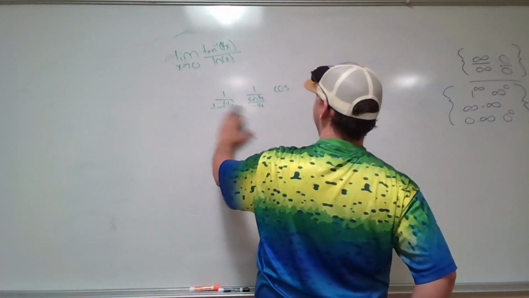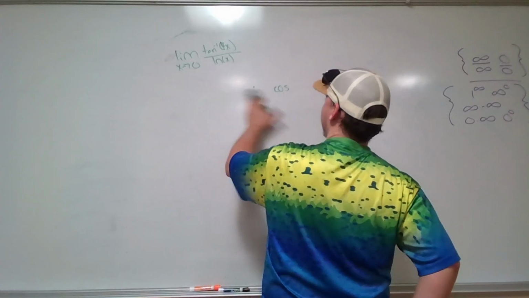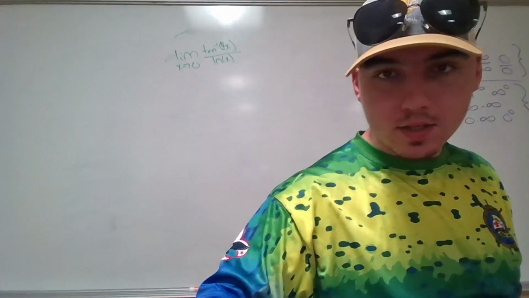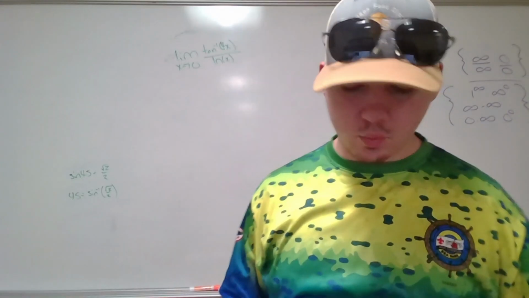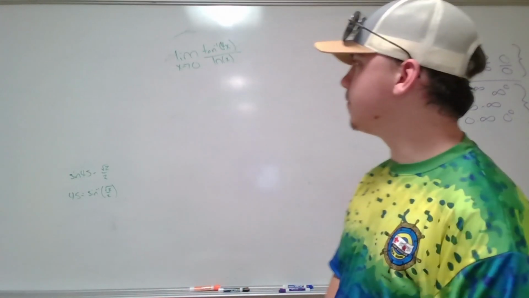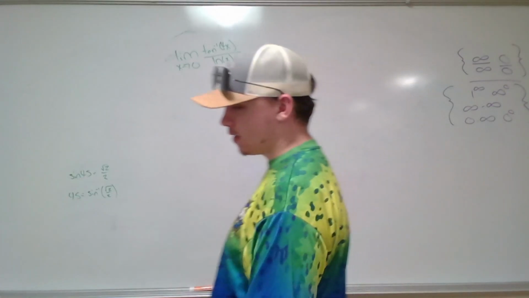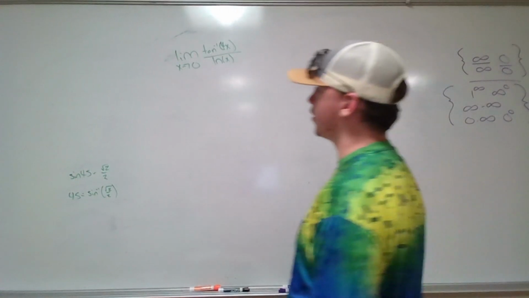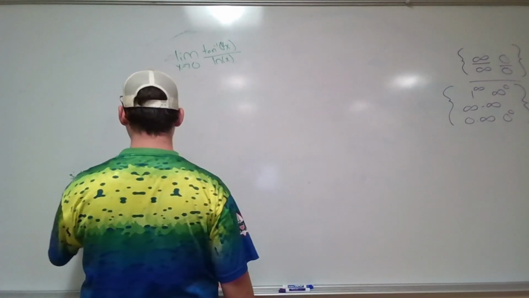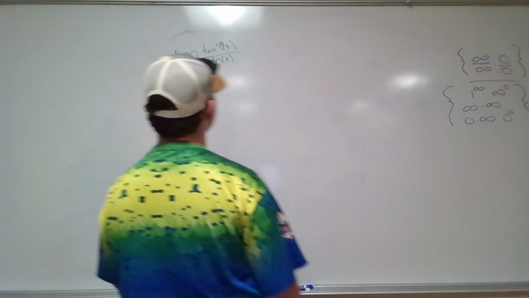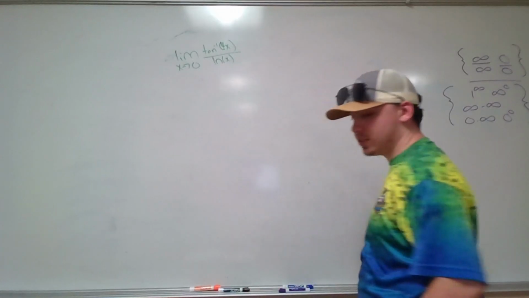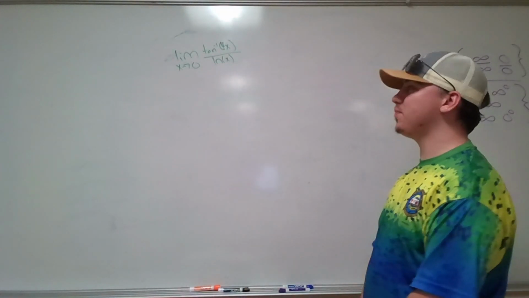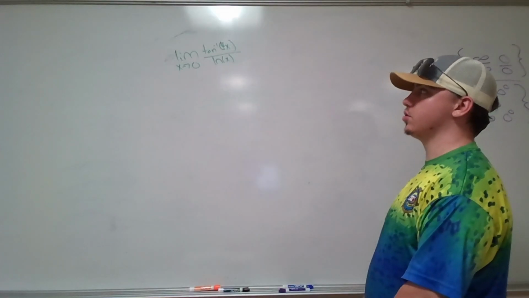I'm not sure if this is possible. Let me double check this. Okay, I was actually wrong about that. Inverse tangent, or arctan, cannot be turned into cosine or arcsine in any meaningful way, but it is sufficient to say that arctangent is going to approach 0 as x approaches 0.